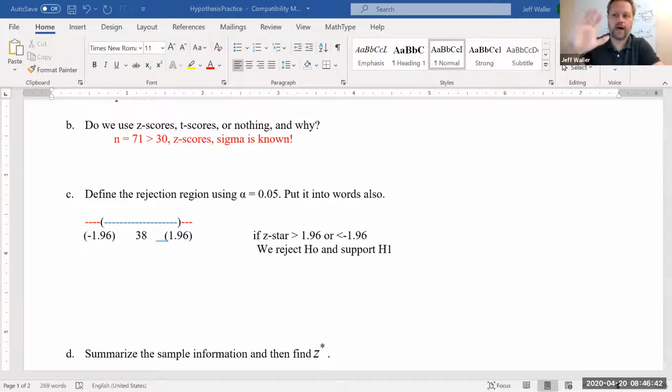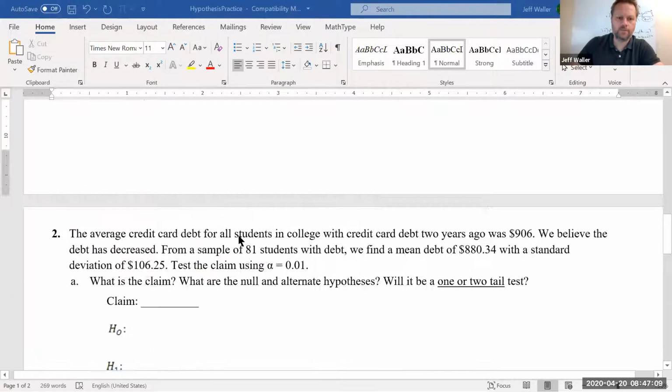The full 5 steps start in section 9.5. 9.1 through 9.4 get to the idea and the concepts behind each step. 9.5 is the first place you'll do complete hypothesis tests, all 5 steps. Is everybody semi with me? So what I think I need to do to make this work a little better, I've got to put that up. There's another side to the sheet back here.